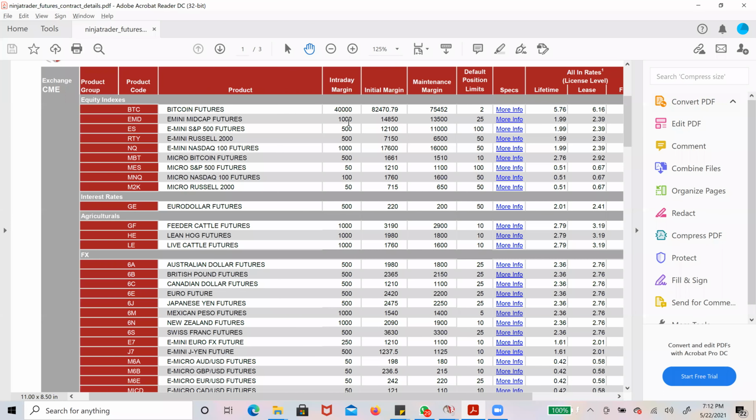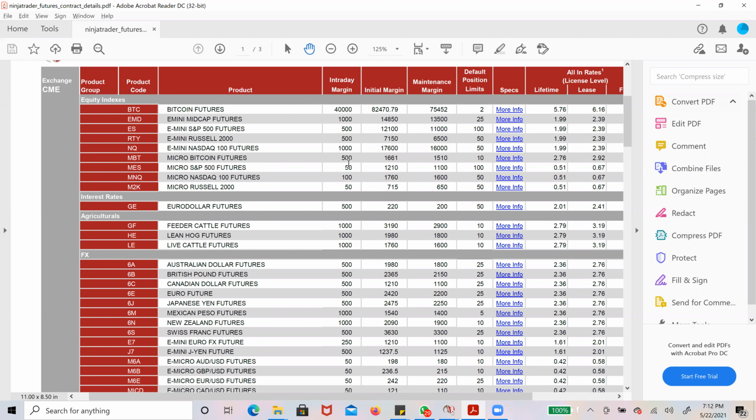That's very large, right? I don't want to put $40,000 in one account and one particular trade and lose everything. So what I usually do is look at the NASDAQ or even ES, the S&P 500, right? You can look at the S&P 500, you can do a Russell 2000, you can do NASDAQ, you can do micro BTC as well, which is Bitcoin. On that, your margin is only $500.